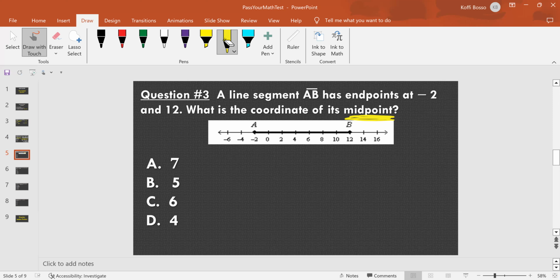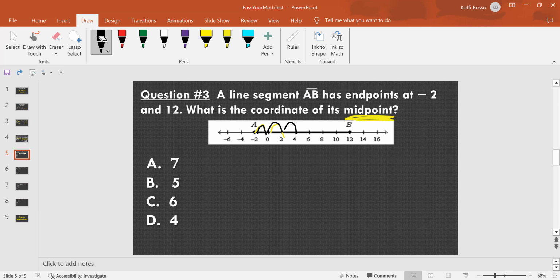If you count here, you'll see that we have 1, 2, 3, 4, 5, 6, 7. We have 7 units separating the 2 points. So to find the middle point, I know that we're going to have the 4th unit.